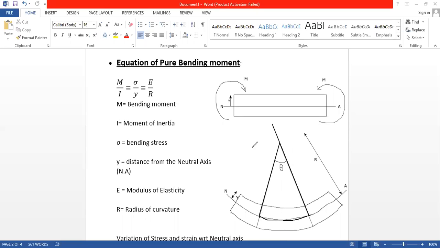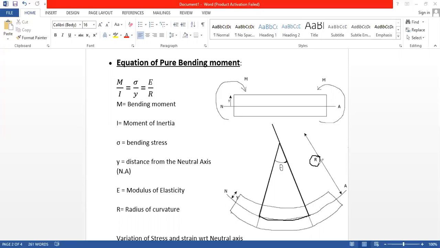So what is happening when a beam is being acted upon by certain external loadings and moment? The beam bends, and the bending takes place in such a way that it subtends an angle theta. It subtends an angle theta and represents the segment of a circle, and the circle will have a radius of curvature which is denoted by R. So this is basically what R means.